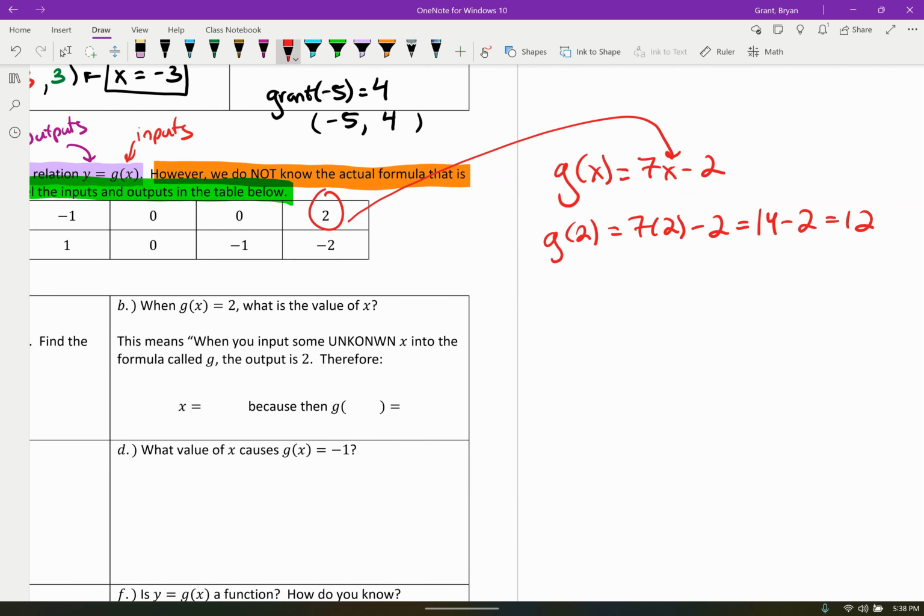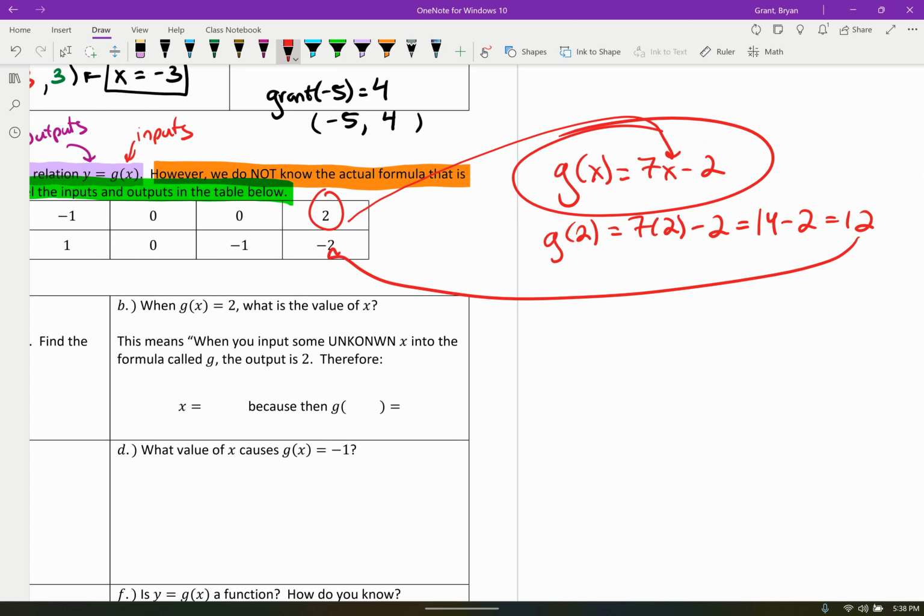So they input 2 into the formula, they found 12, and then they would put 12 into the output. Now, the output here, of course, is negative 2, so I did not pick the right formula. This was a random formula. But the point of this is they did all the math for us using an unknown formula. So I don't know what they plugged 2 into, but they did math to it, and at the very end, they got an answer of negative 2.